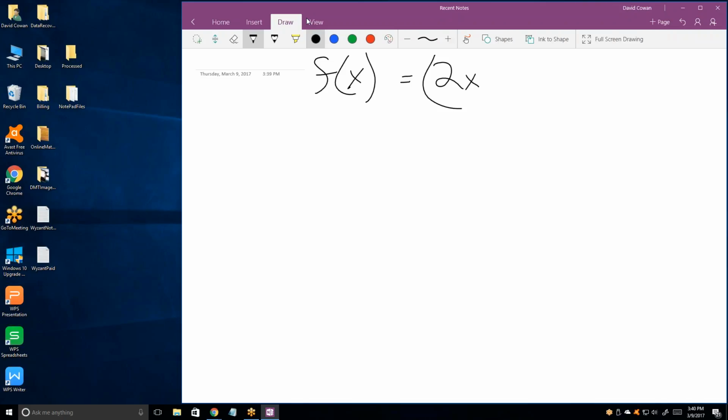For some reason, I'm having a hard time hearing you. 2x times x squared plus 1. The plus 1 where? In the exponent or down here? Down there, in the parentheses. And then the quantity cubed.